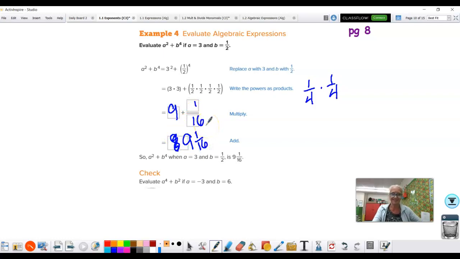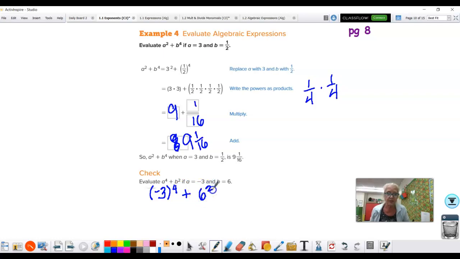I was subtracting earlier. All right, now down here in the check, we have a to the fourth plus b to the second. They want you to put in -3 for a and 6 for b. So you're going to put -3 in parentheses because you're substituting. Always use parentheses when you're substituting. And then it's plus b to the sixth.